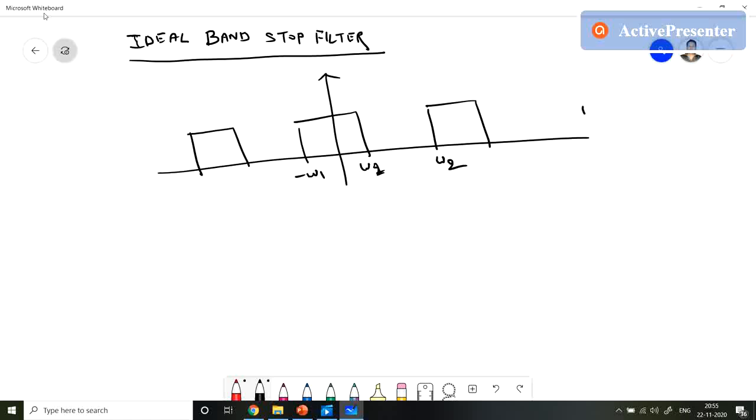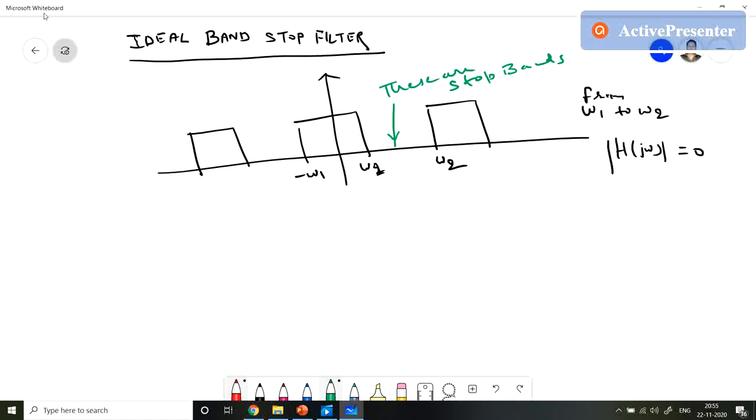From omega 1 to omega 2, the magnitude of H(omega) is equal to 0. So these are stop bands. The frequencies from omega 1 to omega 2 have amplitude 0. Here we have amplitude 1.